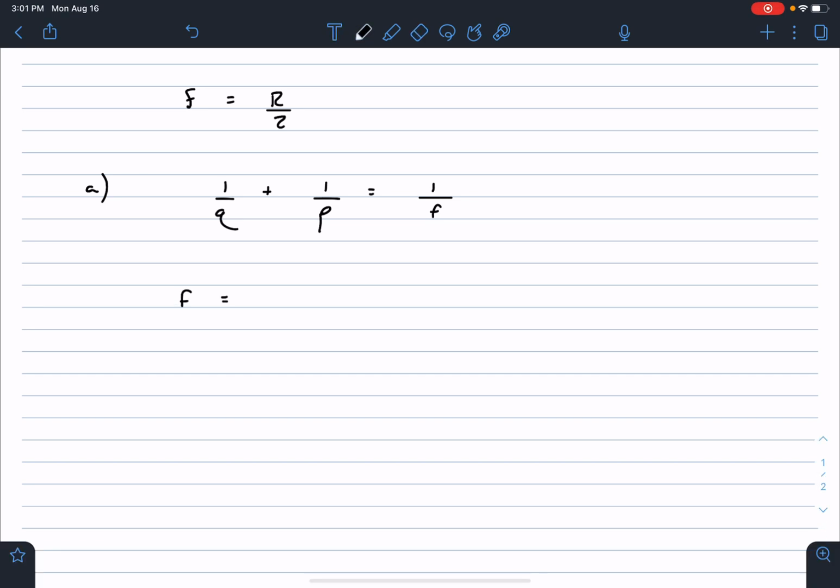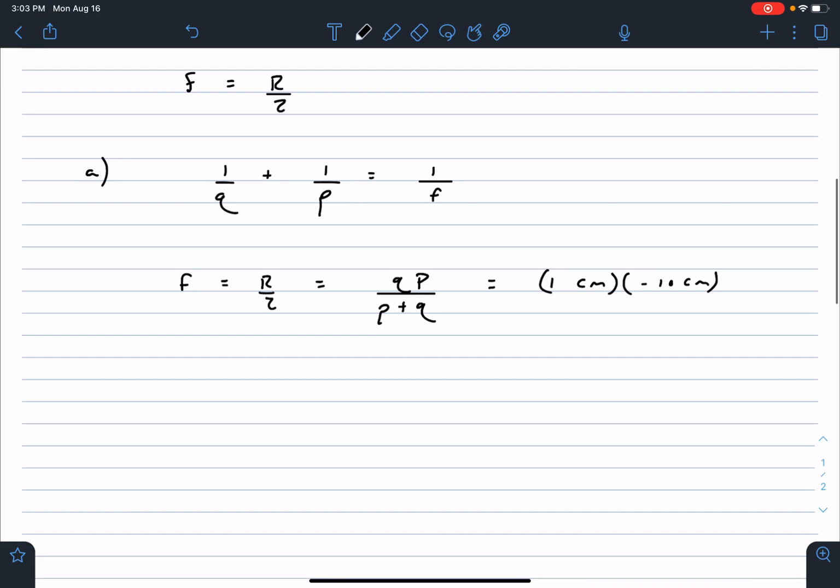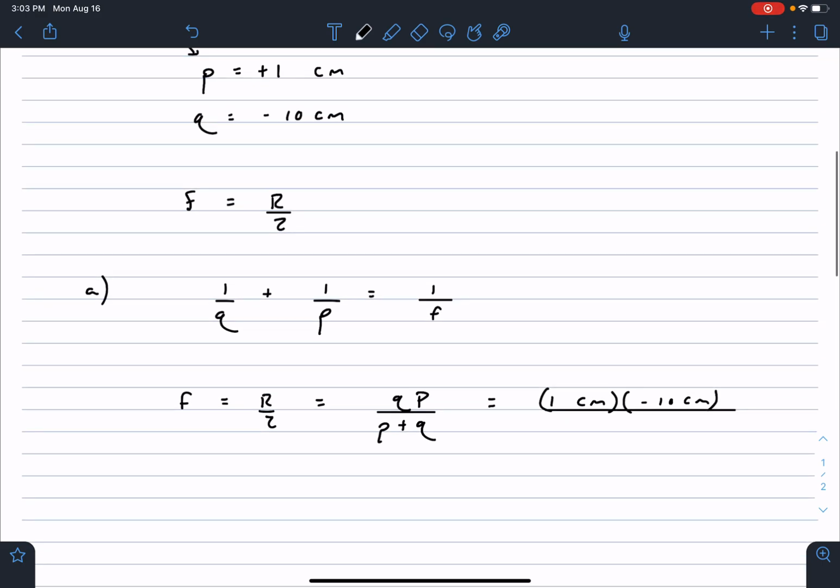So f is going to be equal to r over 2, which is going to be equal to, let's see, what are we going to do here? Invert. So we're going to have q times p over p plus q. Now we have to plug in the values that we had before, which were 1 centimeter times negative 10 centimeters, over negative 10 centimeters plus 1 centimeter.